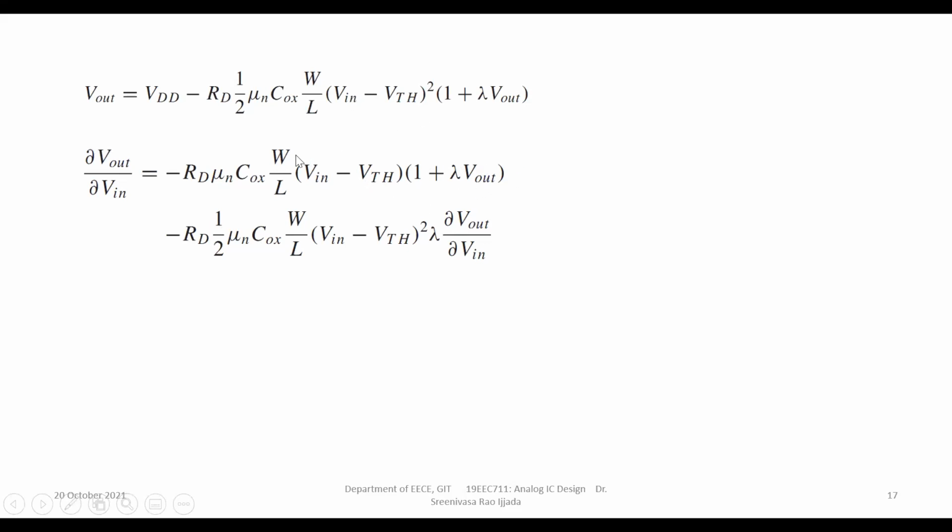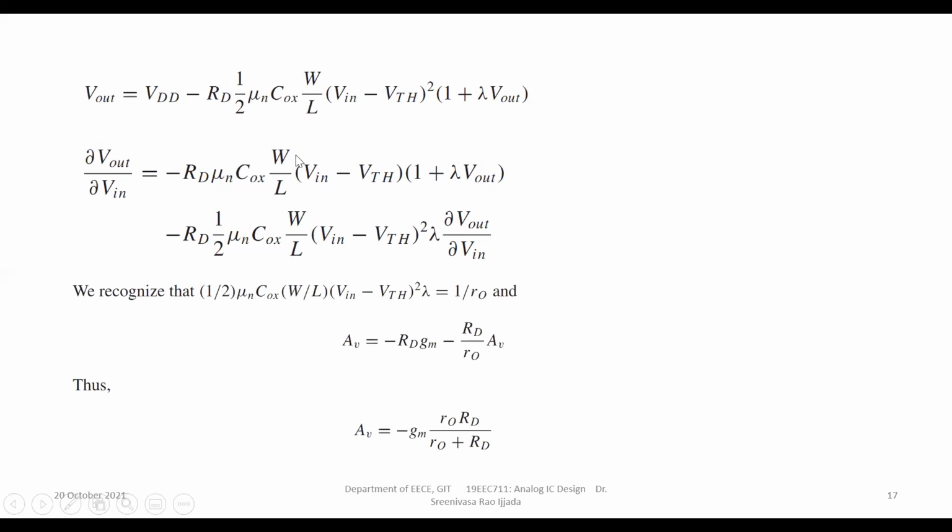Okay. So then, this is the 1 by 2 mu n COX W by L into (V in minus VTH) whole square into lambda. This value you can write as 1 by R naught. Then AV is equal to minus RD into GM, minus RD by R naught into AV.